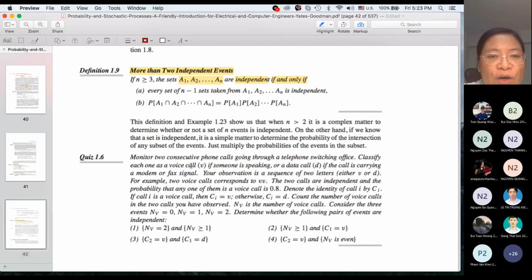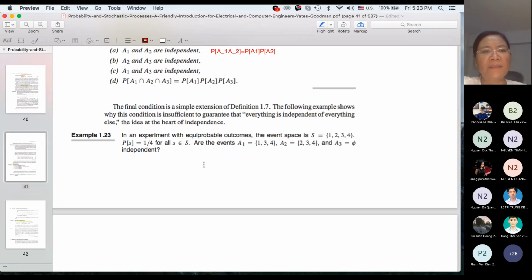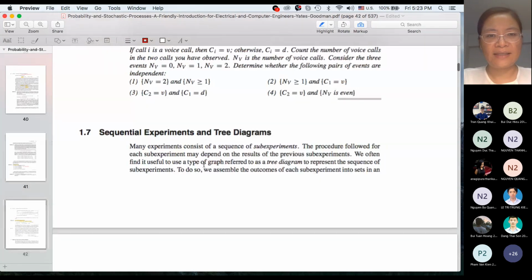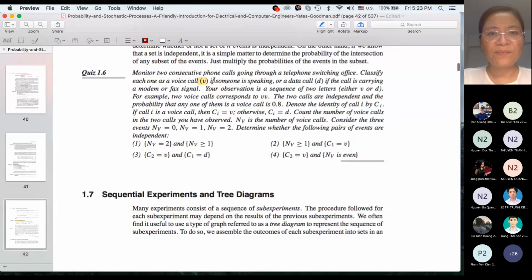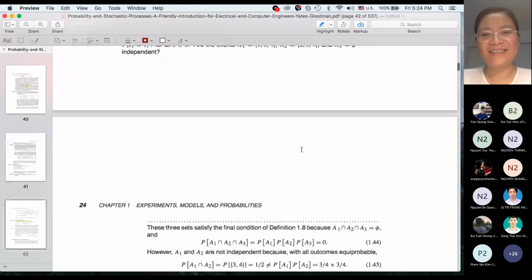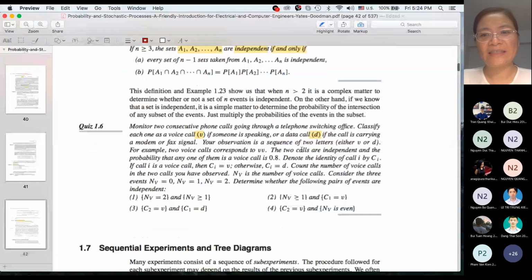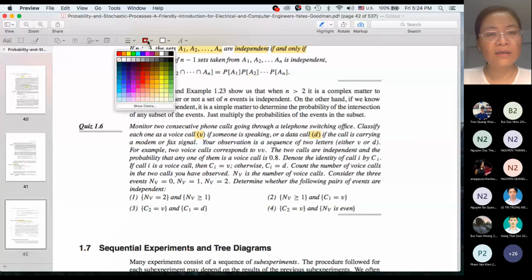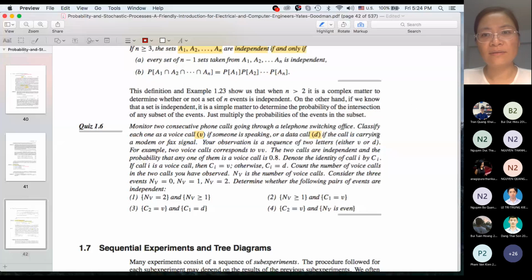Classify each one as voice call, V, if someone is speaking, or data call, D, if the call is carrying a modem or fax signal.